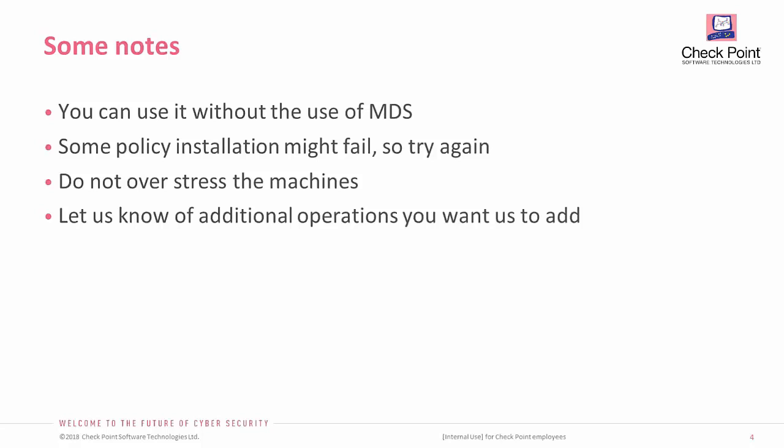For that reason, also make sure you don't overstress your machines. This setup is not designed for a large-scale environment. I would not do a demo of 20 VSs or 50 VSs or 100 rules on a single policy installation. This is for the basics: see how the VSs work, turn on blades and configure them.